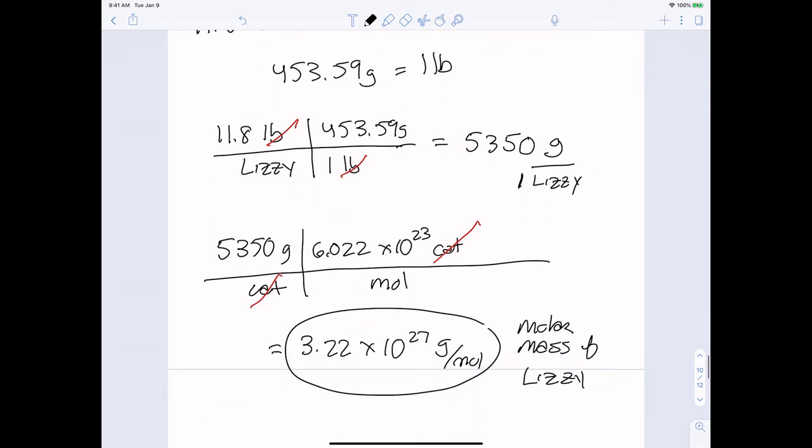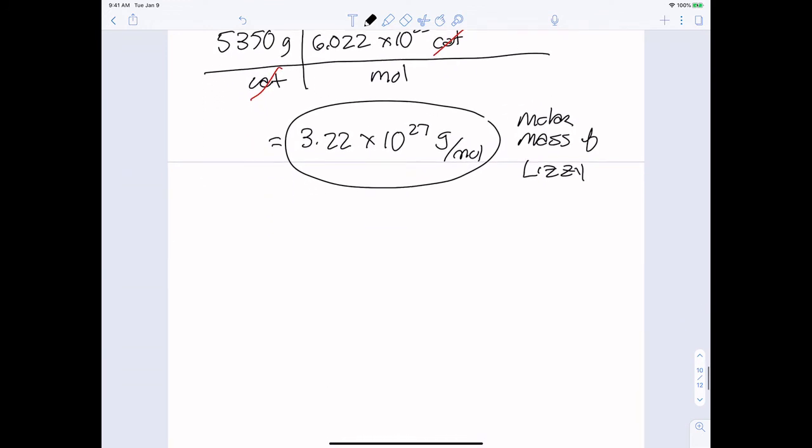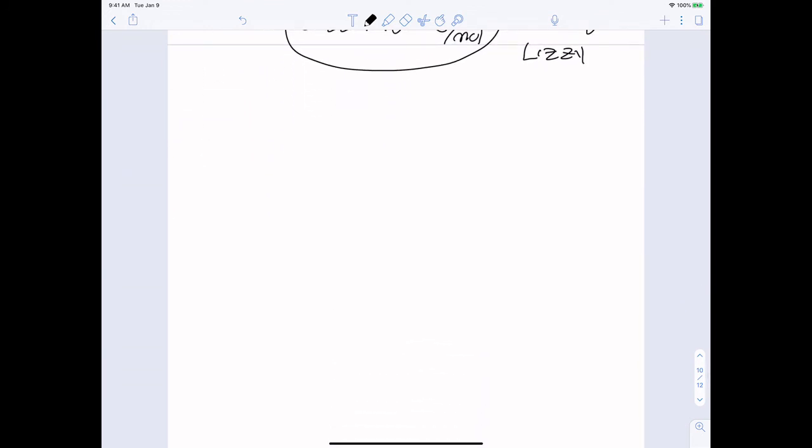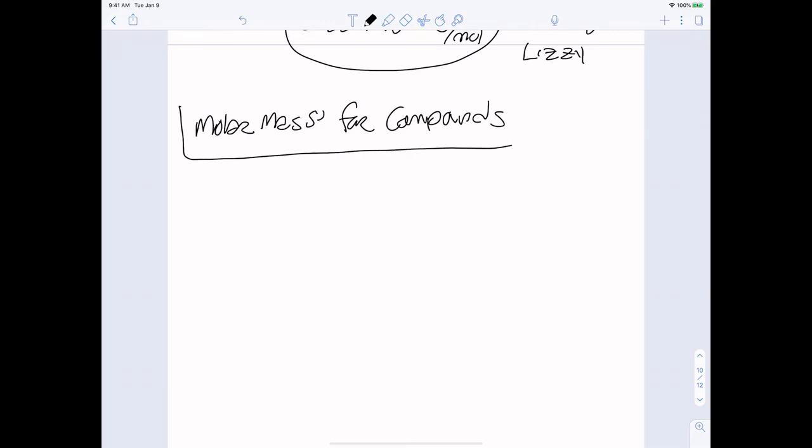So molar mass for compounds, something we're going to be using a little bit more, though the concept we'll be using all the time. So if the molar mass for an atom is numerically the same as the atomic mass, we just switch our units.